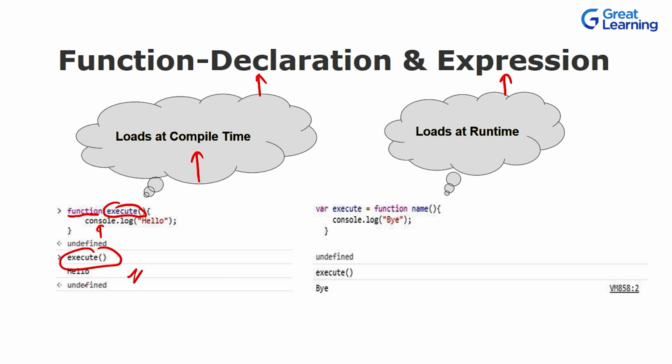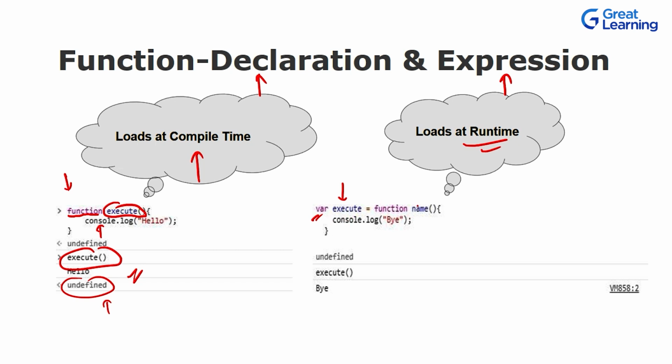Done. Now, why do you have this undefined over here? Because your function is not returning anything. That is why you have this undefined. Okay. This way of declaring your functions is known as function declaration. But if you want your functions to load at runtime, you will go for function expression, so that you can store this function inside the variable execute.